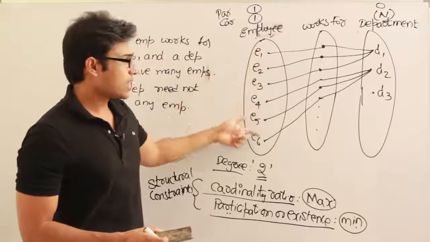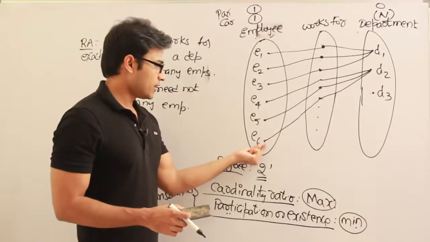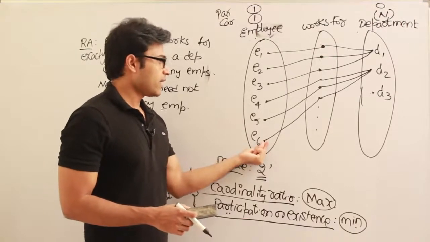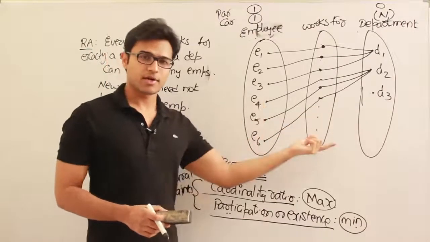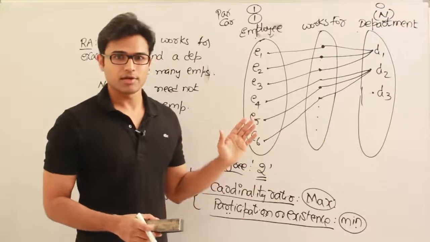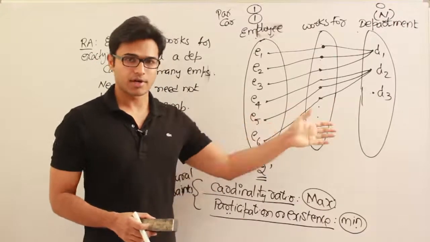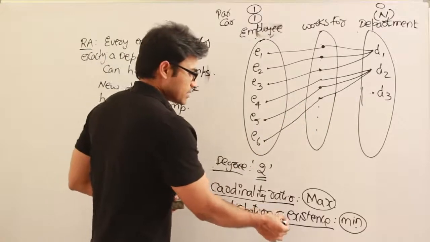We have a constraint saying that every employee has to work for at least one department, or exactly one department, which means there should not exist any employee who is not working with any department. That is why it is also sometimes called an existence constraint.